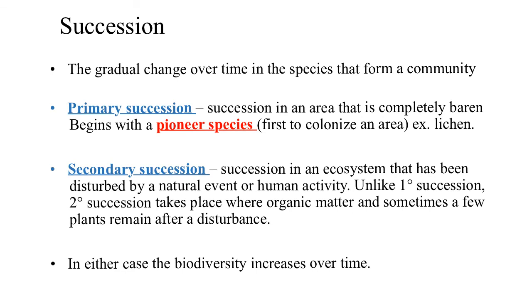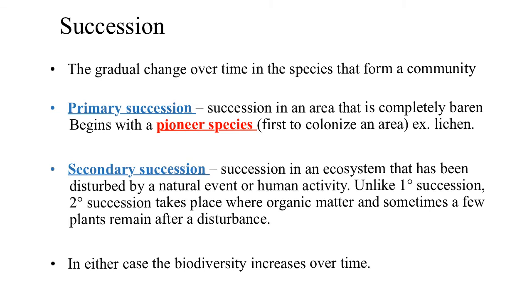And unlike primary succession, there's already organic matter that exists. There's going to be some sort of soil. There will often be the remains of whatever organic matter was there before. For example, in a forest fire, you're going to see the burnt up trees in the space.